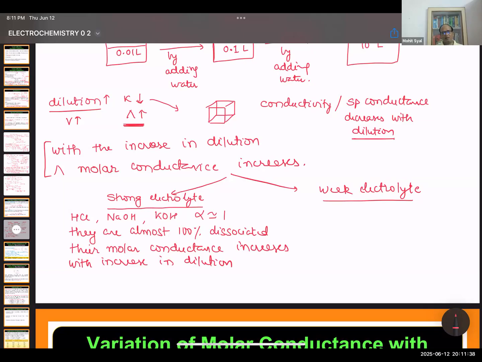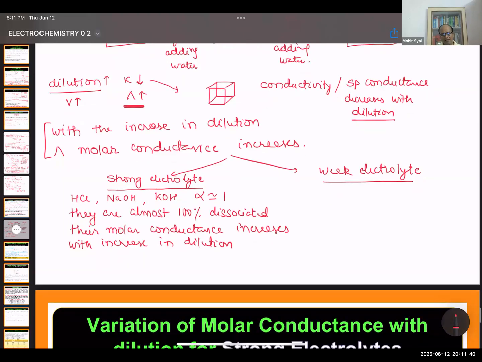It is because as you are putting more and more water, the ions are getting separated. They are moving farther from one another. Suppose you are having a small volume of NaCl. Okay. You have Na plus Cl minus, Na plus Cl minus, Na plus Cl minus. Very small volume. Okay.